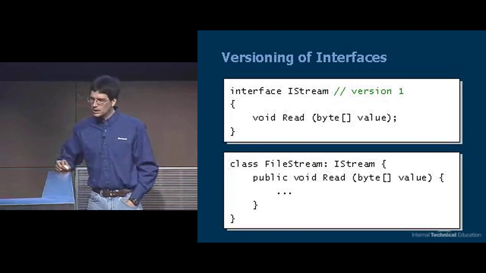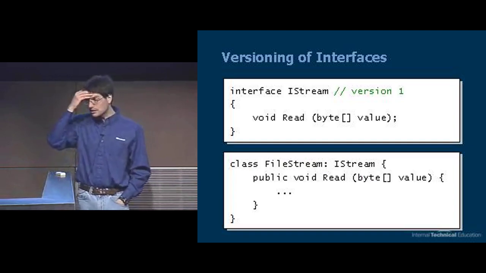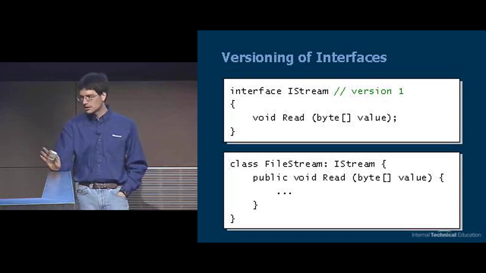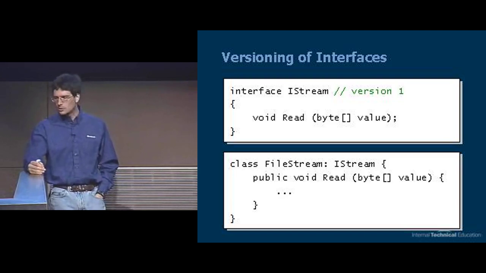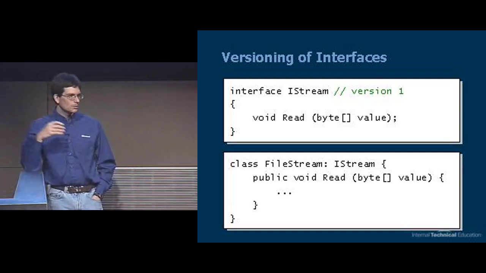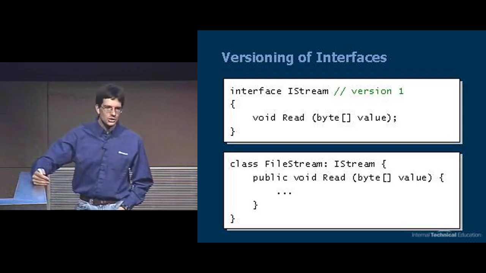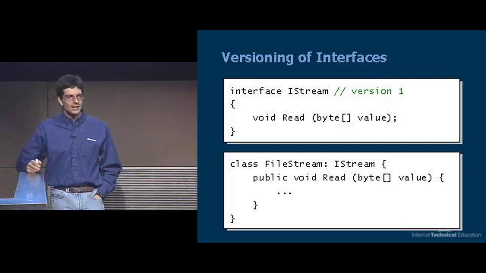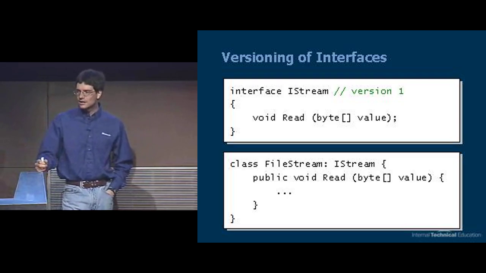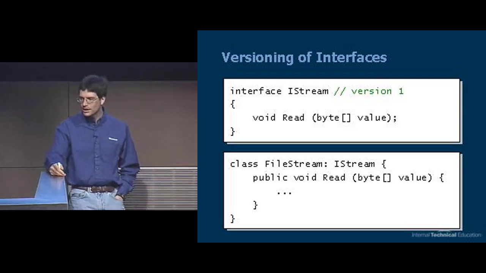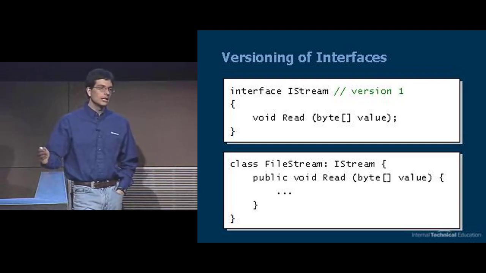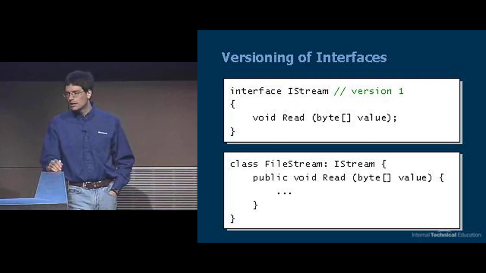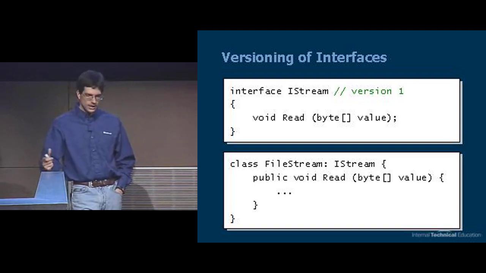Okay, so let's drill in a little bit to how interfaces version, just to bring it home. If I had IStream in V1 and it only had reading, we thought we could probably get by with just reading. We don't need writing. And then I implement FileStream in a different assembly. It implements IStream and it only does reading. So that all works great.